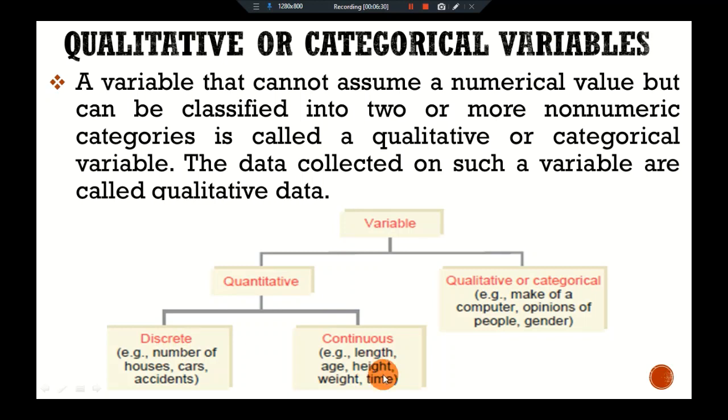Okay, let's discuss the other main content of today's discussion, the difference between cross section and time series data. Let me first explain cross section data. Cross section data contains information on different elements of a population or a sample for the same period of time.